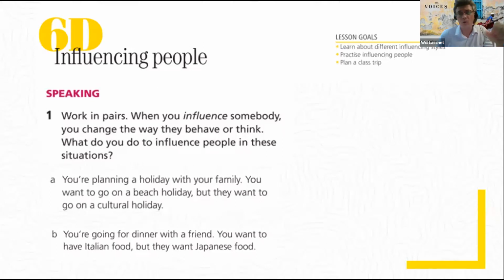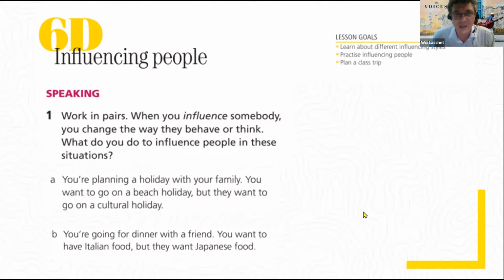So maybe you're at home in the evening with your family, okay? And you're thinking what you want to do together, right? Right, what TV show to watch? Exactly, what TV show to watch? So, you want to watch this, they want to watch that. How are you going to persuade them? How are you going to influence them?